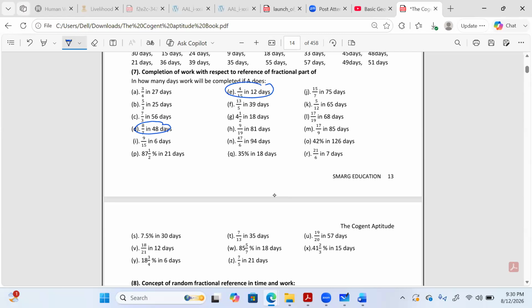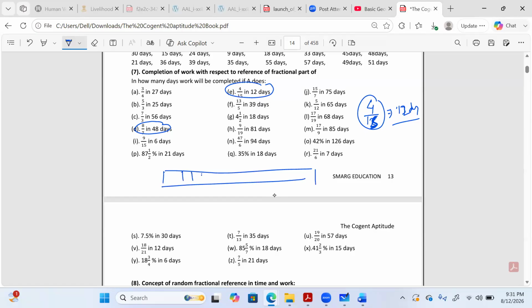For every reference we can reach to in how many days A will complete the job. So the concept was, if 4/15 amount of work he is able to do in 12 days, I know that the work has been divided into 15 parts, and for 4 of those 15 parts, he is taking 12 days.